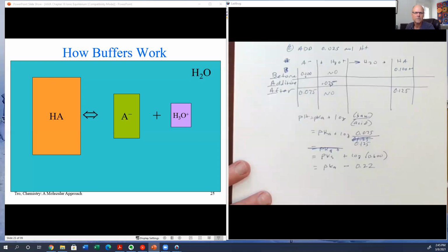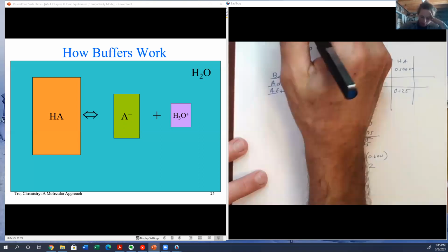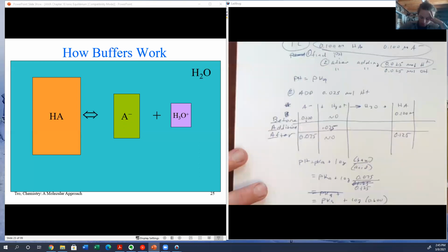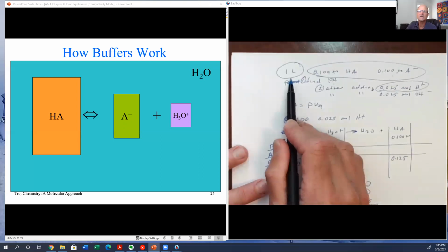I see a question from Emily. Because we're working in molarity and moles here, it seems like it's made simple because we have 1 liter.